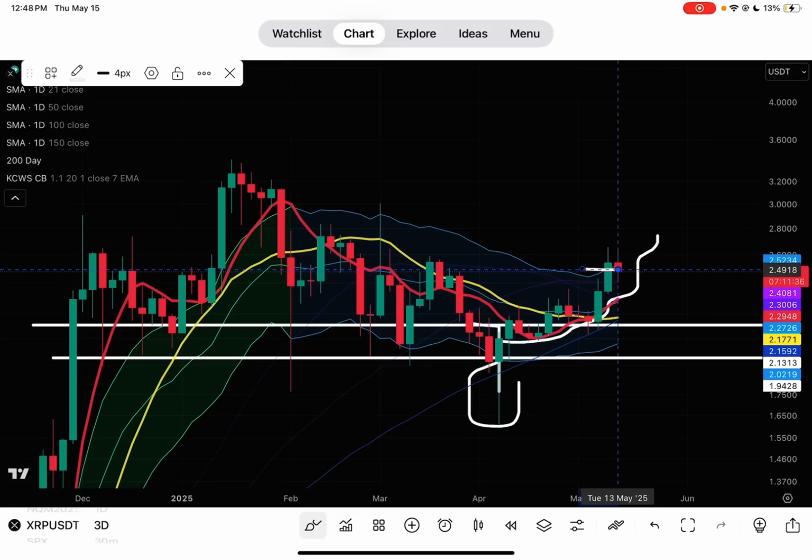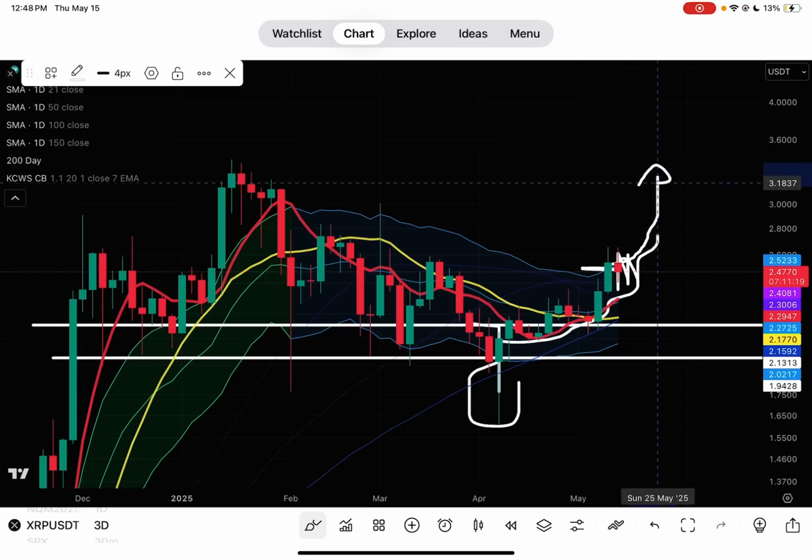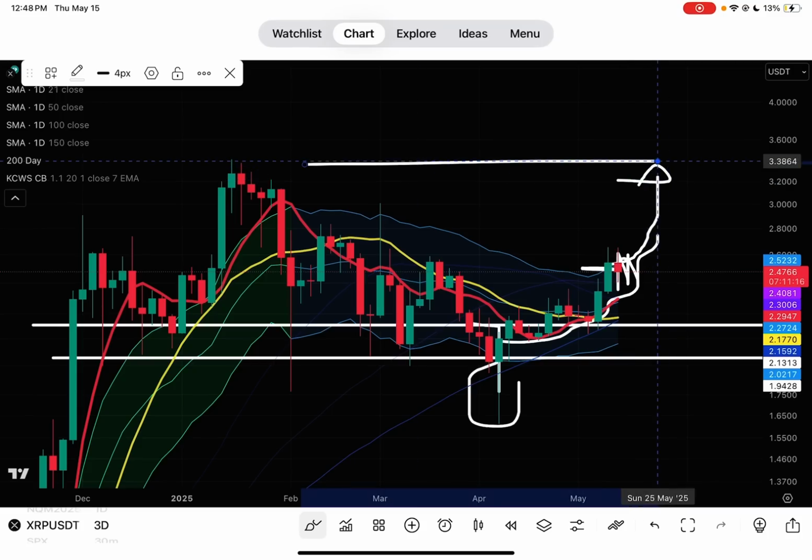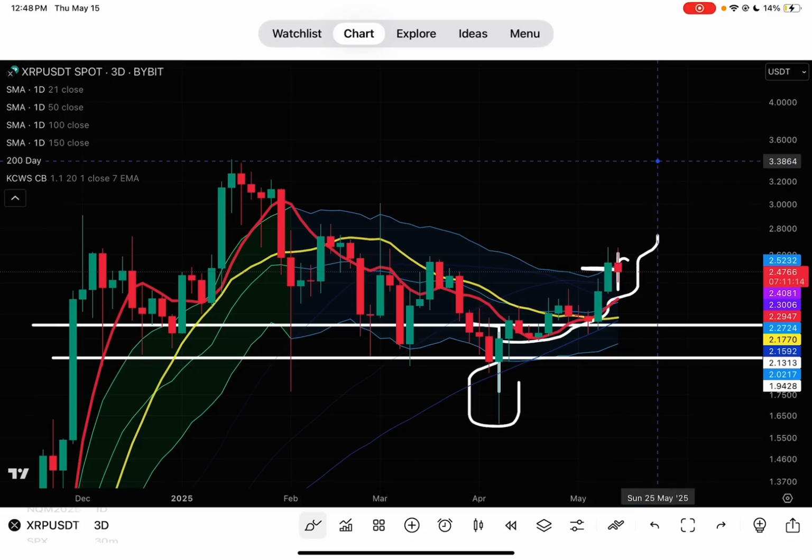So now that we've had a close above the upper band, you may see some consolidation here. Like I was showing you guys on the small time frame, you may come down for a little bit of an ABC correction, consolidate sideways, but then eventually continue on our way up towards the top of the range, towards the higher retracement levels, right?